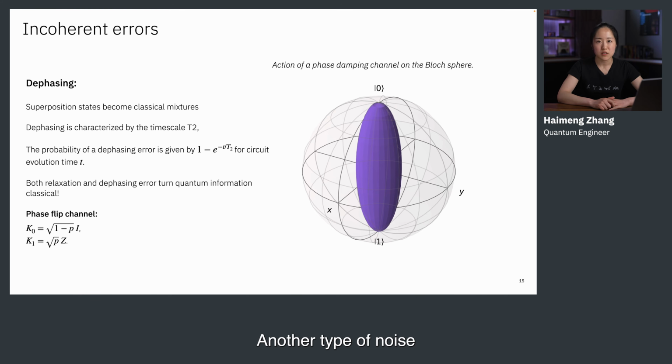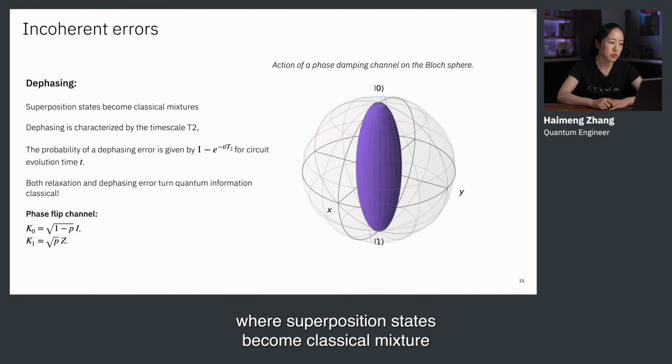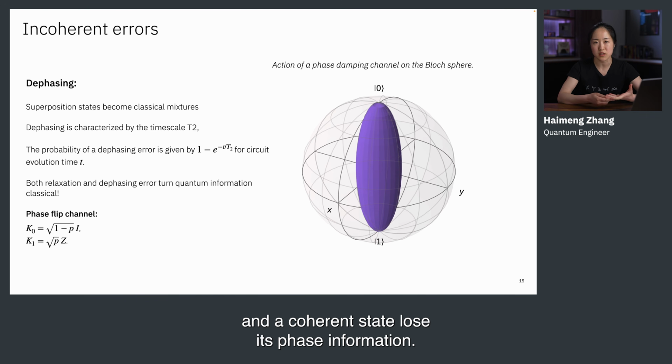Another type of noise we'll be talking about is dephasing noise. That is the process where superposition states become a classical mixture and a coherent state loses its phase information.